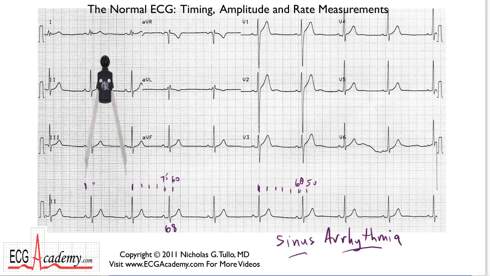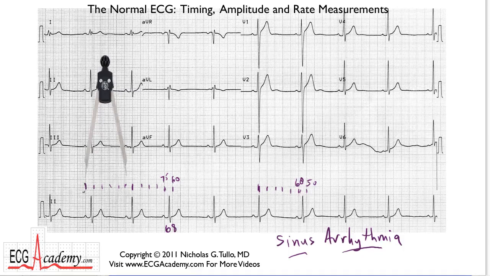If you want to count off in milliseconds, it's 200, 400, 600, 800, 1,000, probably 1,040, maybe 1,060 if you look carefully. We're going to zoom in on things in the next video, so you'll be able to make fine measurements of PR intervals and so forth. But for the time being, you can make gross measurements without having to count little tiny boxes.